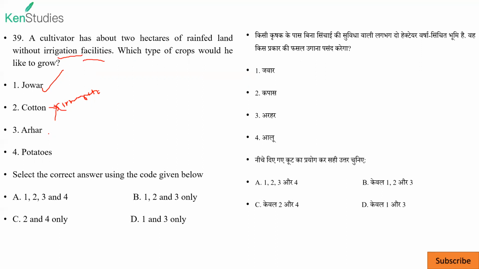Arhar, meaning tur, also does not require proper irrigation. Potato requires regular water; without water, you cannot grow potato. In fact, sometimes cotton may be a little possible, but potato is impossible. So 1 and 3 is the correct answer. D is the correct answer.